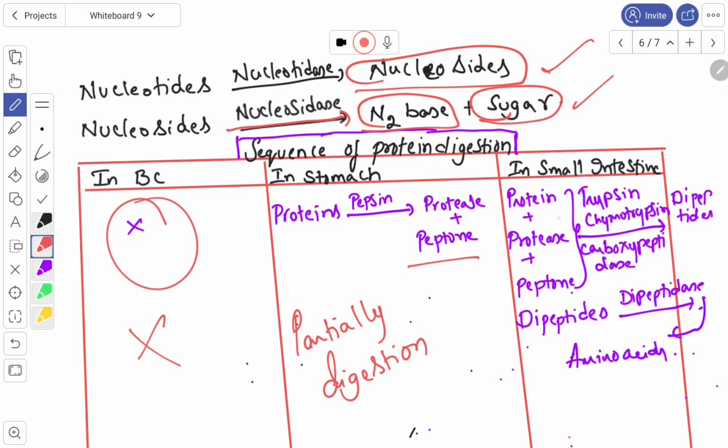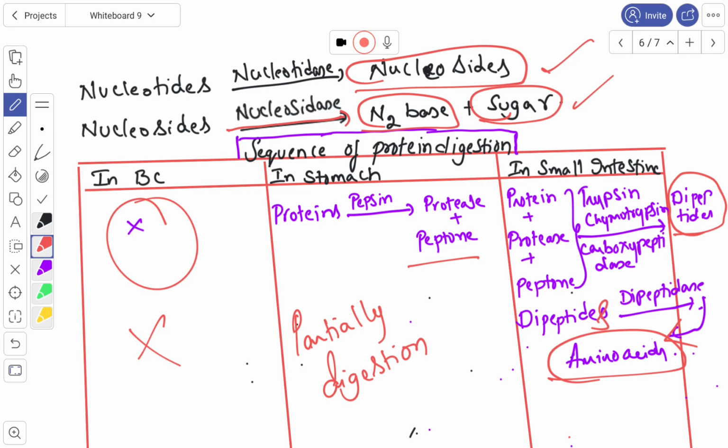Proteins and partially digested proteins like proteases and peptones, in the presence of trypsin, chymotrypsin and carboxypeptidase, are converted into dipeptides. Dipeptides in the presence of dipeptidase are converted into amino acids. So you all know that the end product of protein digestion is amino acids.